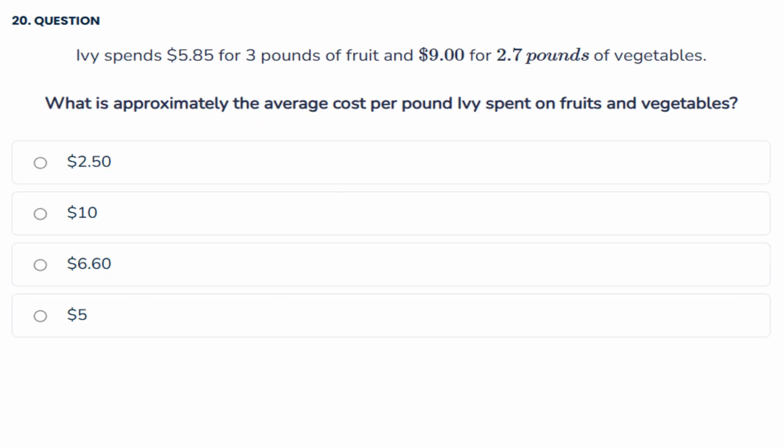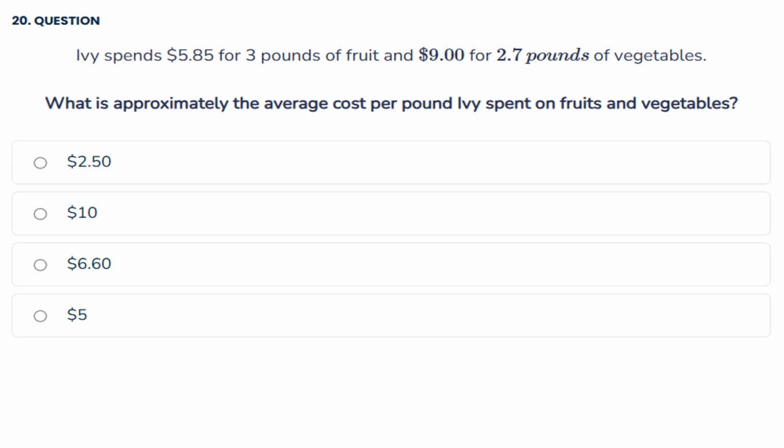154.23. And this question, it's a word problem, and like I always say, whenever you're doing a word problem, you want to read through the problem first before you start making your notes. So it says Ivy spends $5.85 for 3 pounds of fruit and $9 for 2.7 pounds of vegetables.